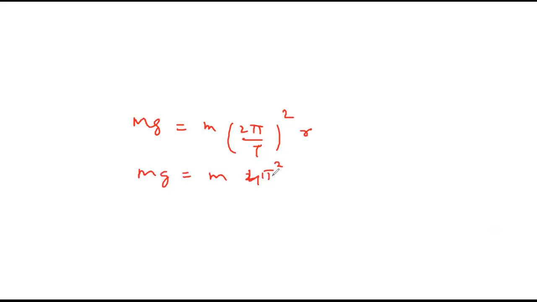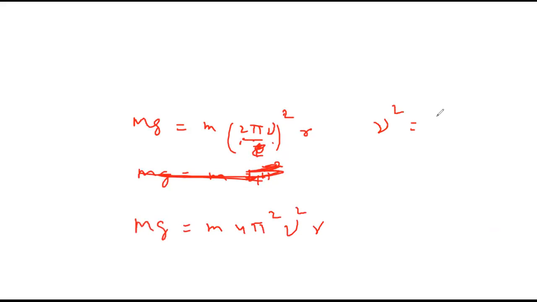One minute, we need frequency, so I will write omega as 2 pi nu. 2 pi nu the whole square into r. Therefore Mg equals m into 4 pi square nu square into r. So nu square equals Mg upon 4 pi square small m into r.